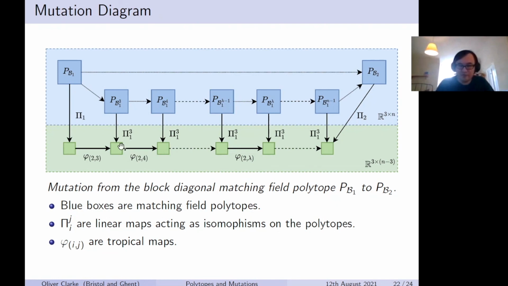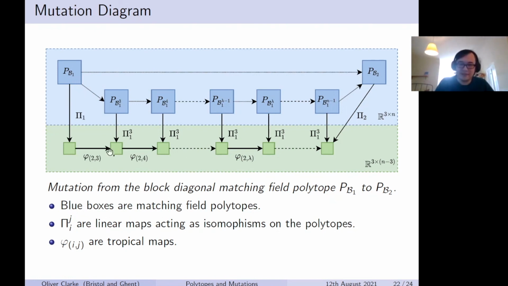When we do this process, we're not altering the polytope in any way. These act as isomorphisms on the polytopes and also reduce the dimension of the ambient space by 9. By composing all of these tropical maps, we get a mutation between our block diagonal matching fields, but along the way we pass through all of these other matching fields, which interpolate between these two matching fields.